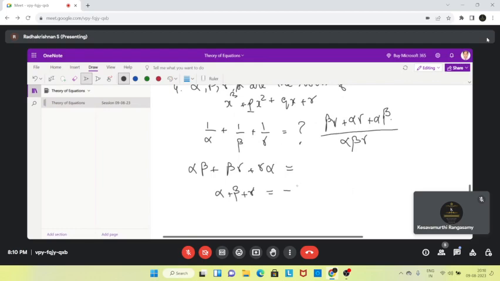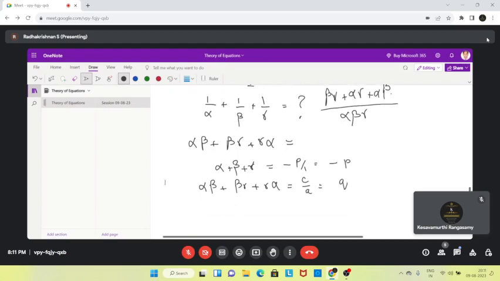In this case it is minus p by 1, which is minus p. Alpha beta plus beta gamma plus gamma alpha is c by a, which is q.